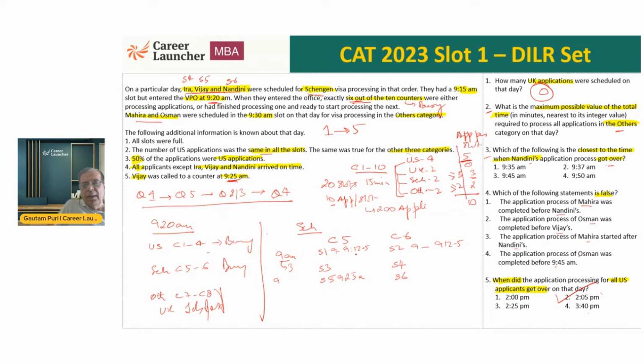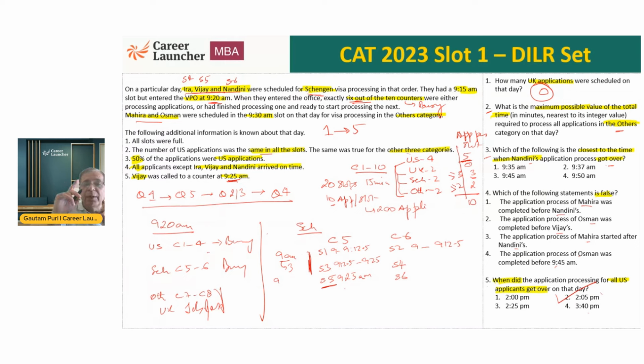And from 9:12.5 to 9:25, the third applicant is being taken care of on counter 5. And Vijay, which is application number 5, will then be called at 9:25 a.m. That's what it's saying. So before Vijay, on counter 5, there were 2 applications. Both of them combined took 25 minutes. So Vijay was called at 9:25, and each application hence is 12.5 minutes.